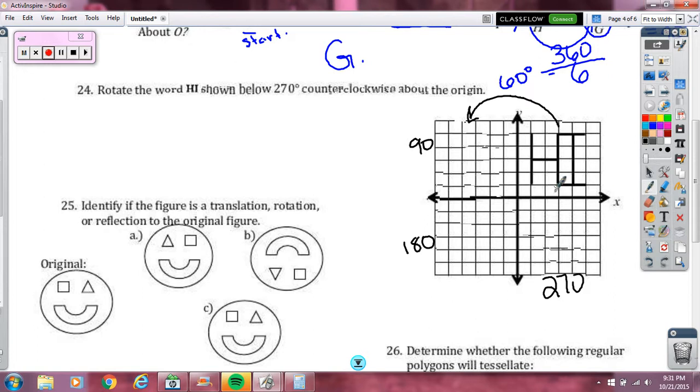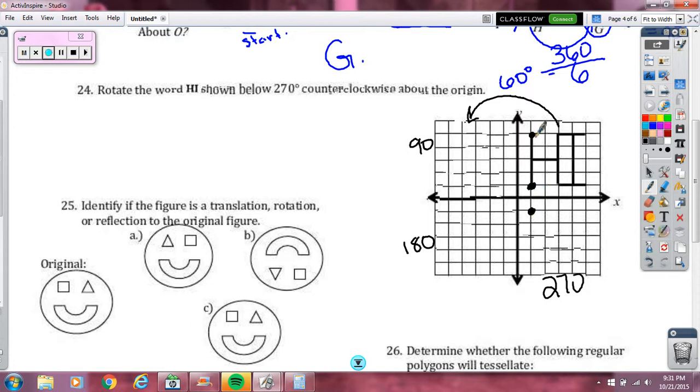I'm going to pick out maybe just a couple of points. That one at 1, 1 is pretty easy to do. If I'm rotating something that's 1, 1, it's going to end up being at 1, negative 1.